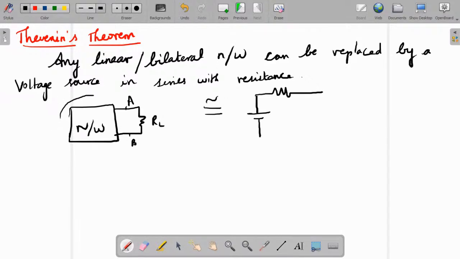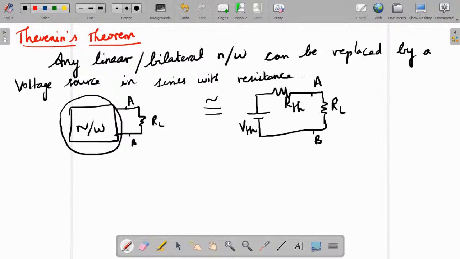This network is replaced. Next you have your load resistance RL. This is termed R Thevenin and this is termed V Thevenin.